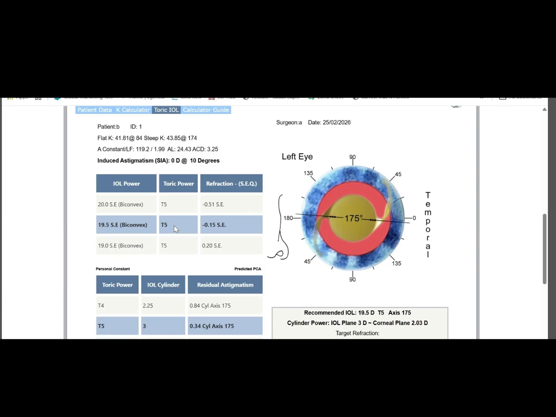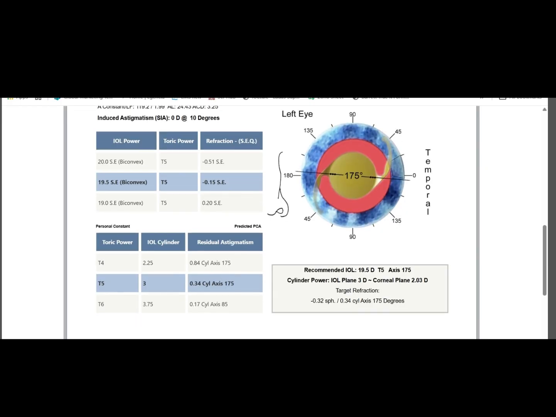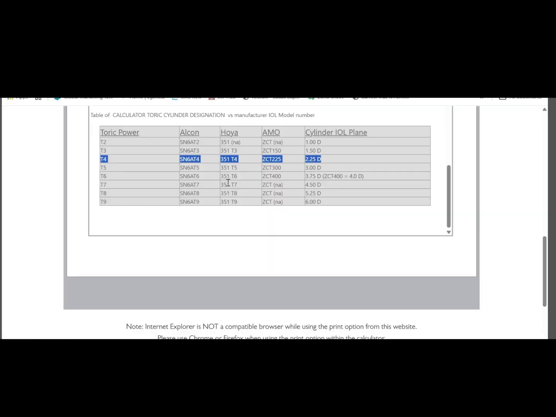That is, the astigmatism correction of a T5 would be, so if you look into this, the Barrett has a guide over here. The T5 model will generally correct around 3 diopters on the IOL plane. So the T5 approximately corrects around 2 diopters on the corneal plane, and that is important.